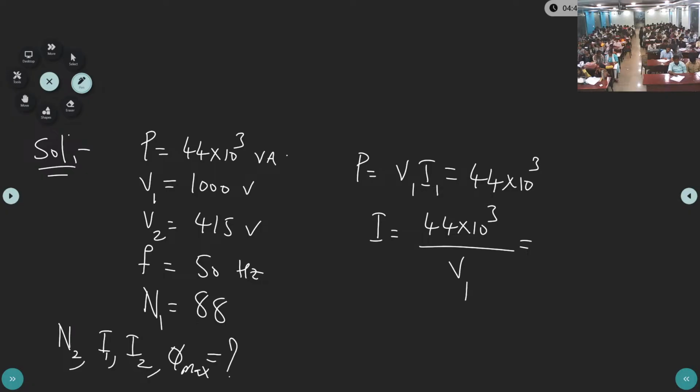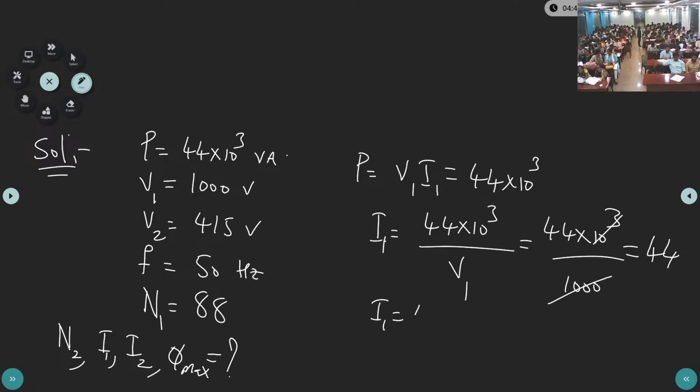V1 is 1000, so 44 into 10 cube by 1000. So I1 is equal to 44 amps.